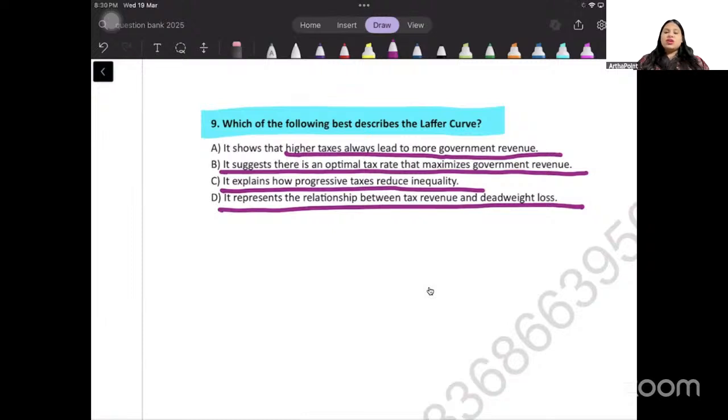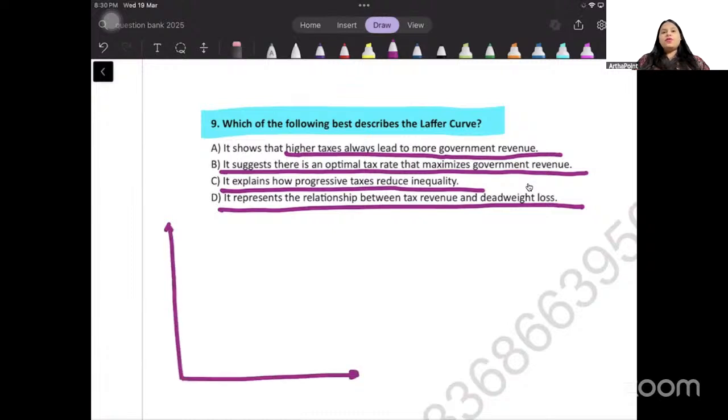So which year was the Laffer curve introduced? Good. So beta, what is the Laffer curve?